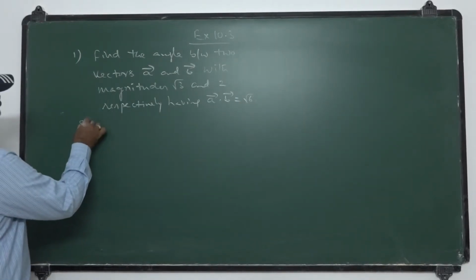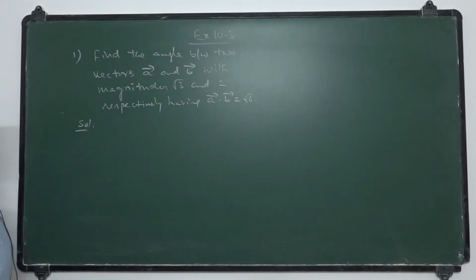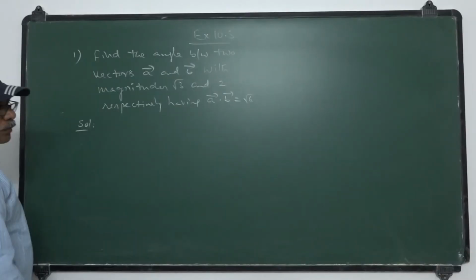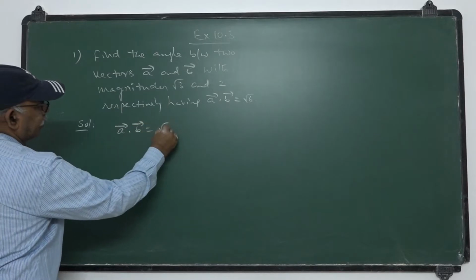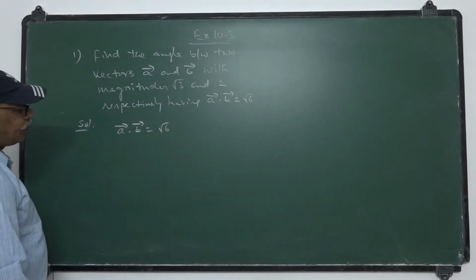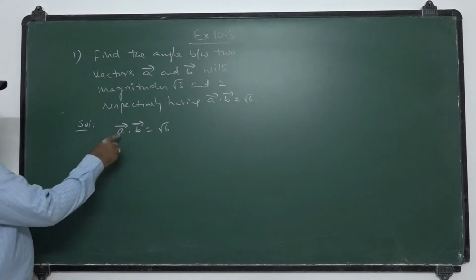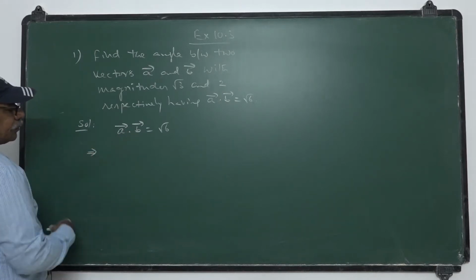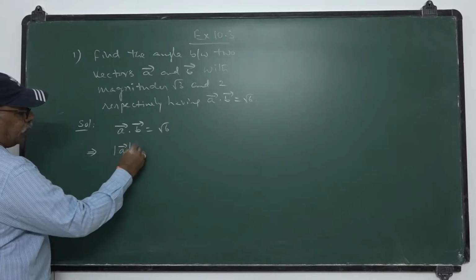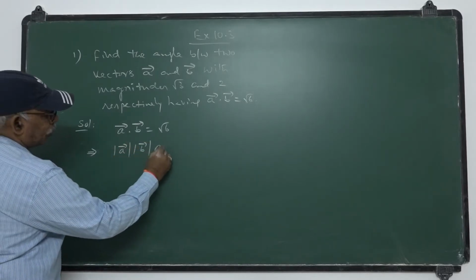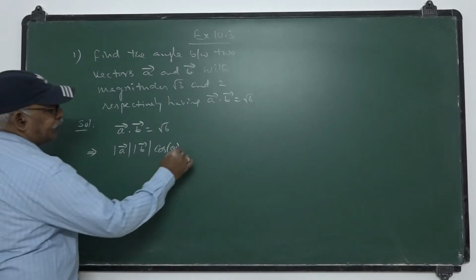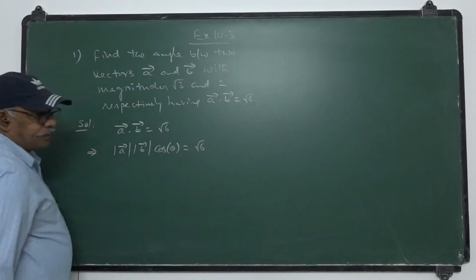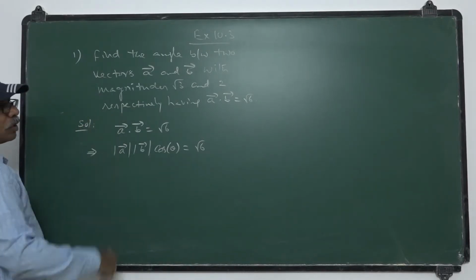So to find the angle between the two vectors A bar and B bar, let us take the definition of the dot product of the vectors. Given A bar dot B bar is root 6. But by definition, A bar dot B bar is modulus of A bar, modulus of B bar, cosine of the angle between A bar and B bar, theta, which is root 6 here.